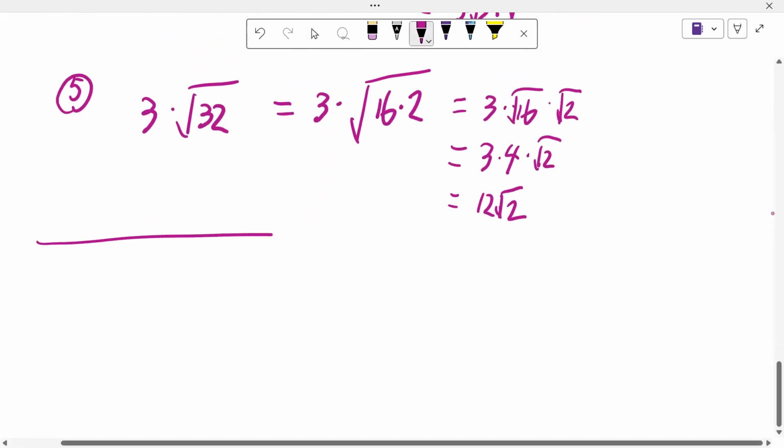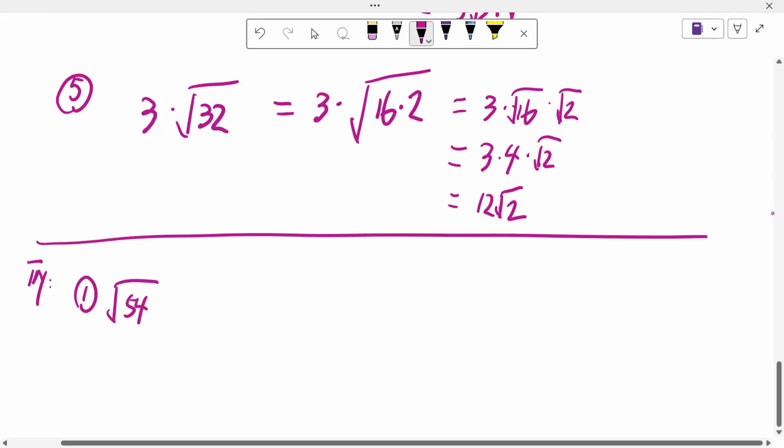Now let's try some, right? You guys try some. See if you can tackle this type of problem. First one, simplify the square root of 54. Second one, square root of 24. And the third one, 3 times square root of 125.